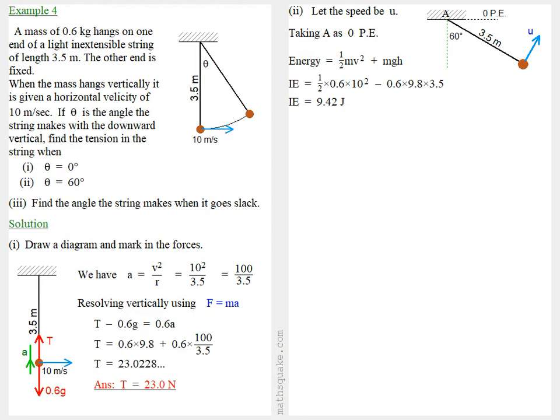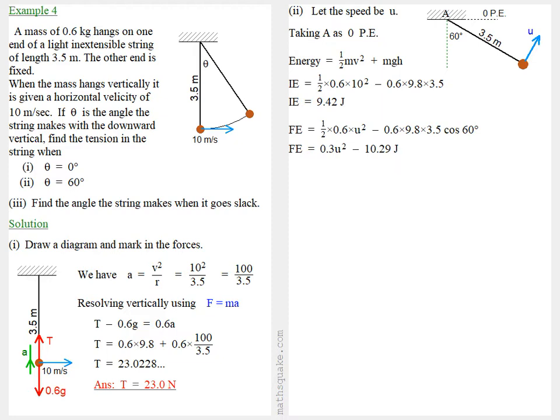Now when the angle is 60 degrees, the speed is u and the height is 3.5 cos 60. So we have the final energy is equal to a half times 0.6 times u squared minus 0.6 times 9.8 times 3.5 cos 60. So the final energy is 0.3 u squared minus 10.29 joules.